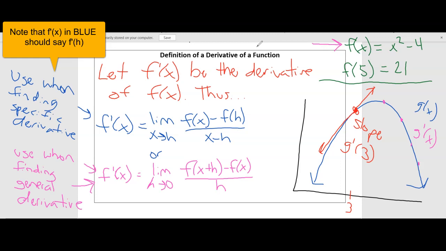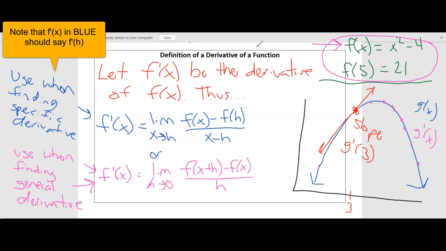You could substitute in any x value into g prime of x, and it would give you the slope of the tangent line. So just like functions up here, where you can have the general function, and then you can have the value of a function at a specific point, derivatives work the same way. You can just have the derivative function, and then you can have a specific value of that derivative function after you've substituted in a specific x value.